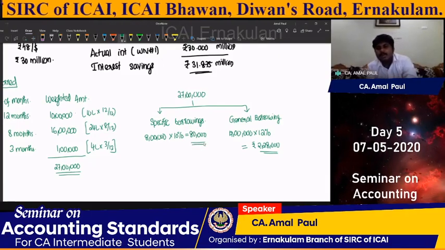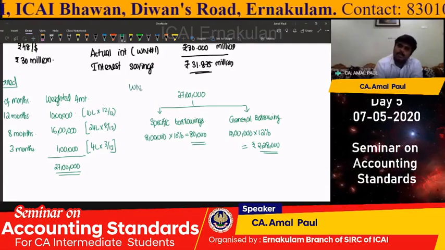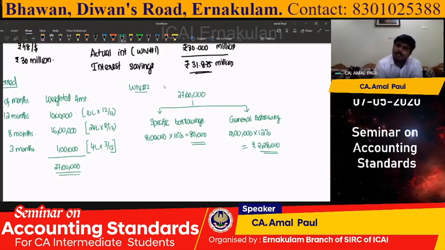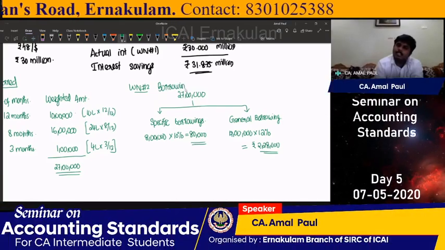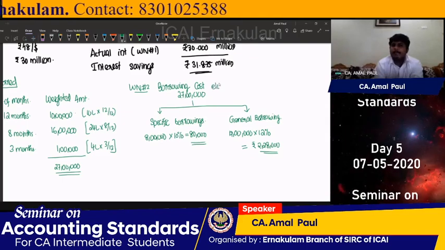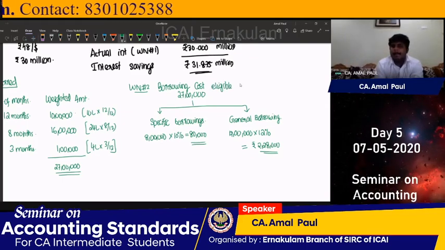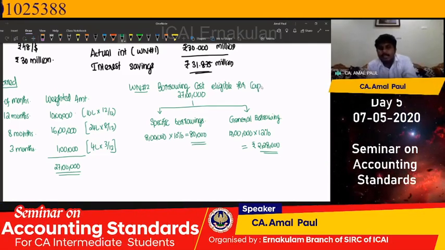This is the amount which we can capitalize. So this is your working note number 2, borrowing cost eligible for capitalization.